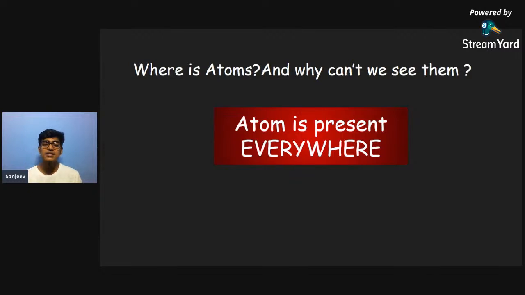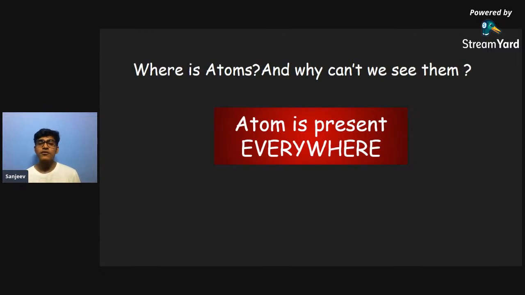Of course, you may ask the question, how can atoms be inside us? As I was studying about atoms, I used to think that we are made up of cells. So cells are the smallest particle of us, and atoms are the smallest particle of any other matter. But it's not true.